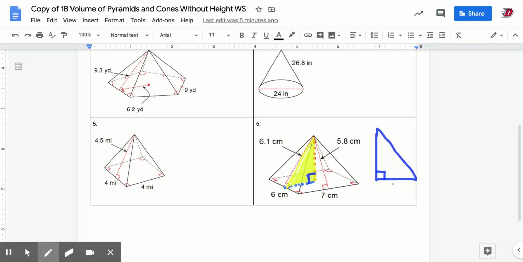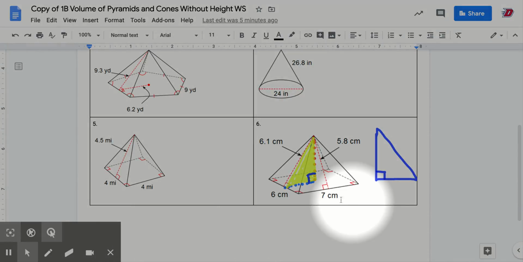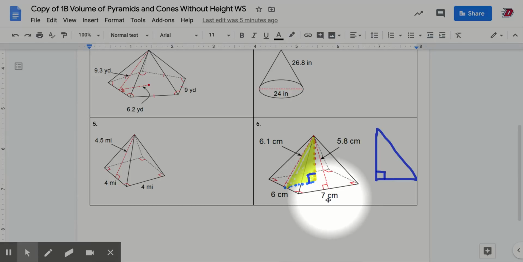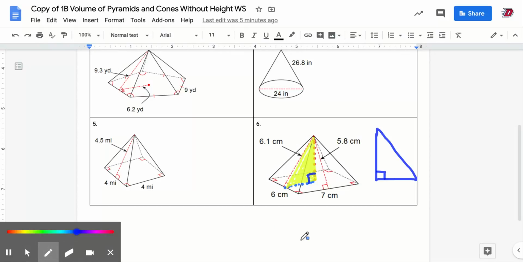And how big is the apothem? Well, for that, what you really have to do is look at this dimension right here, 7 centimeters. Okay, this rectangular base, it's 7 centimeters is this dimension here. So this apothem is going to be half of that. So that means this is 3.5.